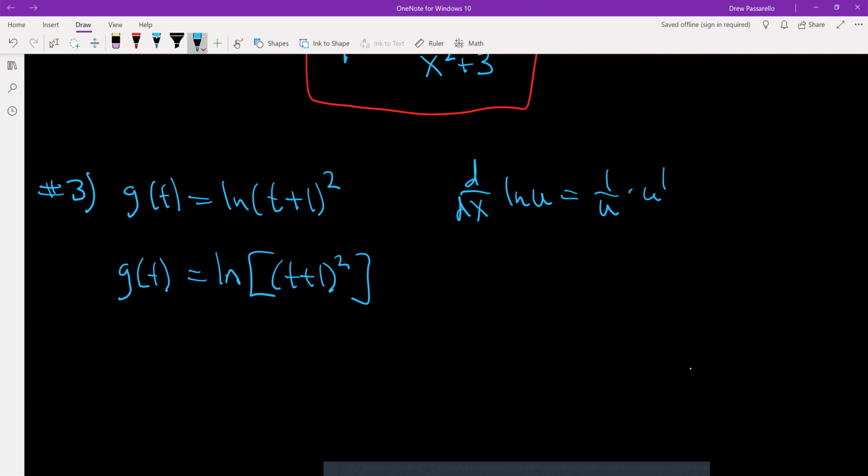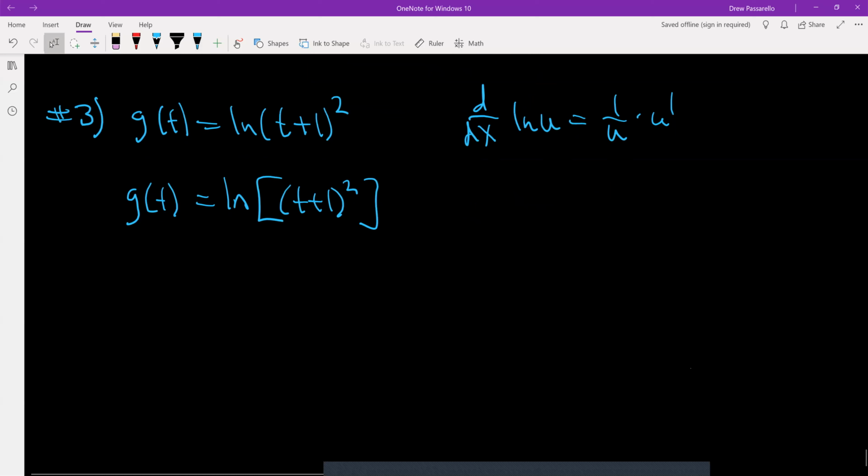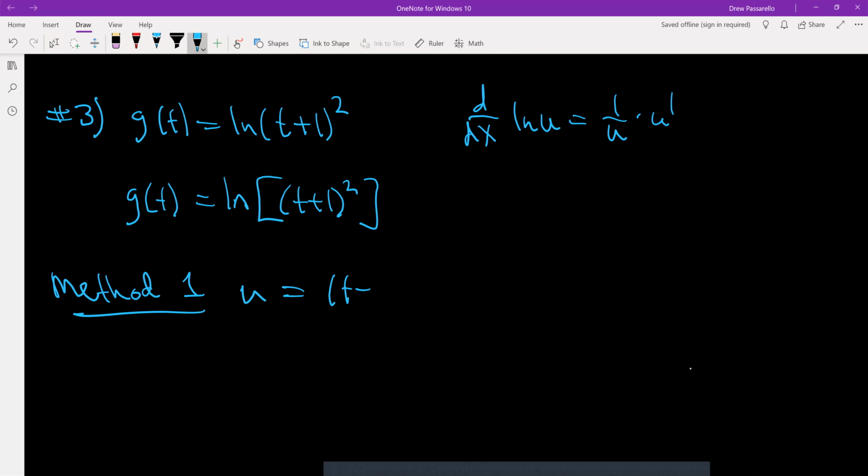Now there's 2 ways we can do this. We could either just let u be t plus 1 squared. So I'll do 2 ways. So method 1, I'm just going to automatically let u be the t plus 1 squared. So by chain rule, you drop down the exponent, so it's 2 times t plus 1 to the 2 minus 1 times the derivative of t plus 1.